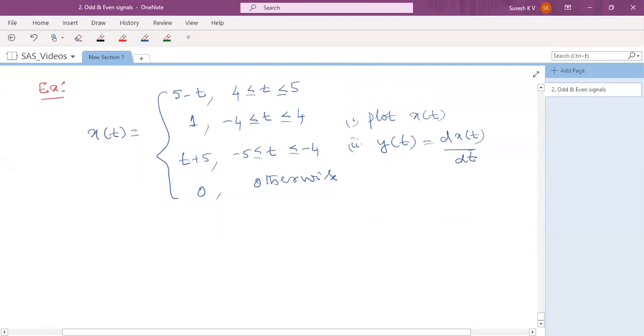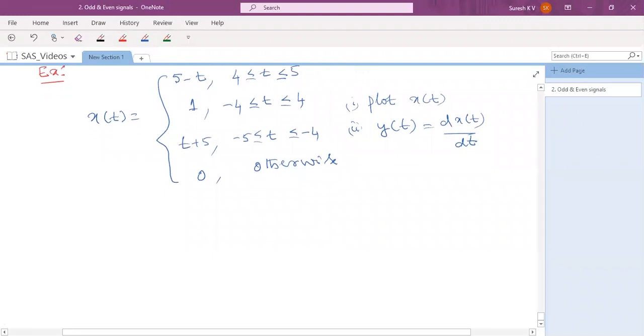So first let us plot this signal. As you can see, the signal is there from minus 5 to plus 5. This is t, x of t. This is minus 5, minus 4, plus 4, plus 5. This is 0.